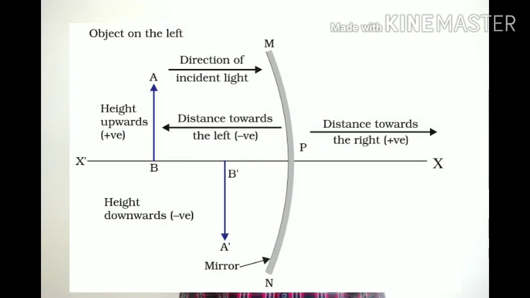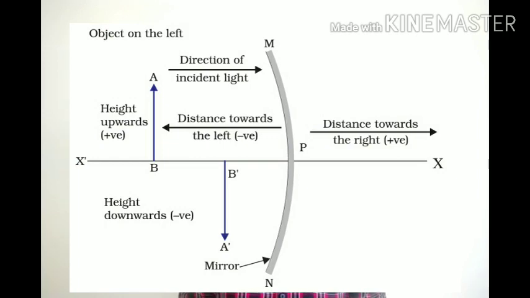Once again, pole will be considered as the origin, and all the distances on the principal axis will be measured from the pole. And how do we measure them? If a distance is towards the left hand side of the pole, that distance will be called negative. Distance towards the left of the pole will be called negative, and distance to the right of the pole will be called positive.